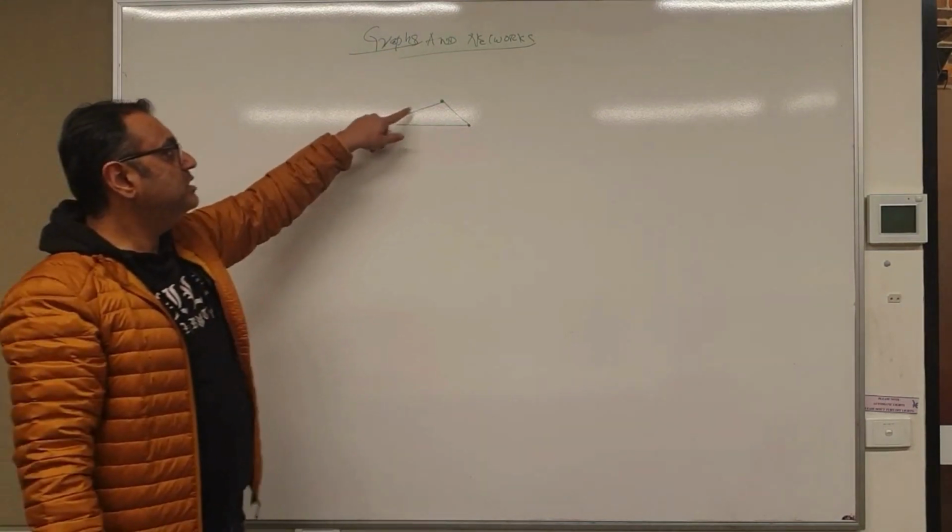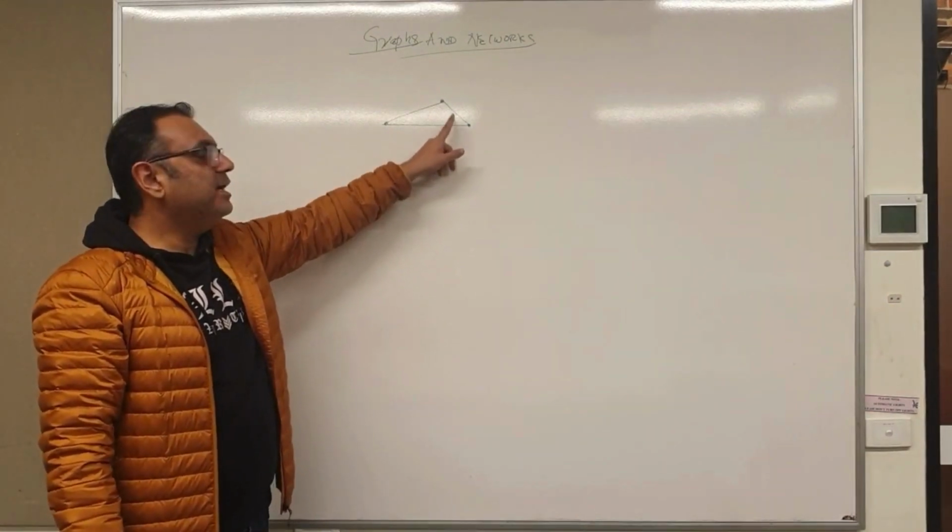A graph has vertices and the lines are called edges.